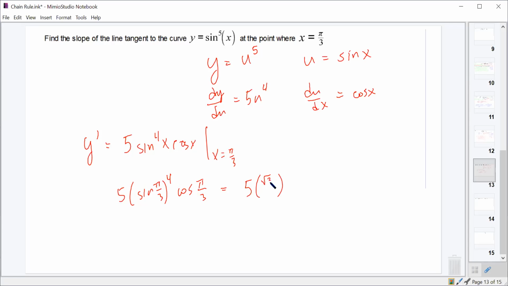Root 3 over 2 to the fourth, and the cosine of pi over 3 is a half. And so root 3 to the fourth power ought to be what? Ought to be 9. And root 3 times root 3 is 3, and you do that twice, that makes 9. So we got 5 times 9, which is 45. And in our denominator, we got 2 to the fourth times 2, or 2 to the fifth, which is 32.